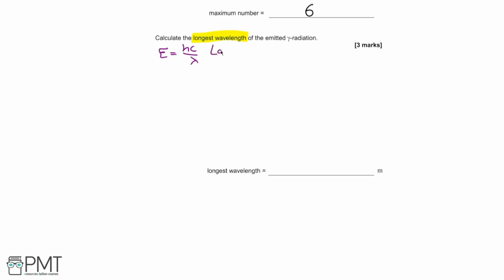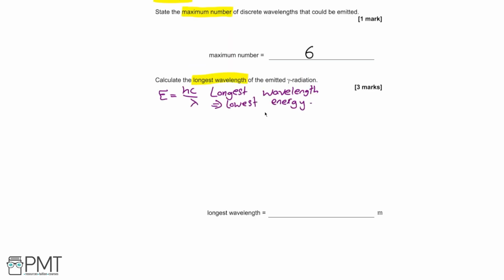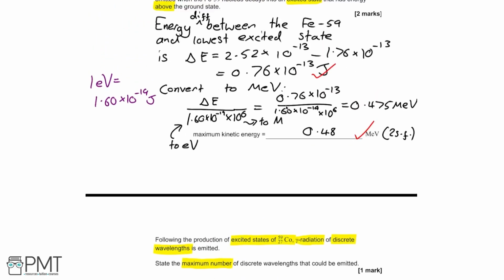So what this means is that the longest wavelength corresponds to the lowest energy, since when the energy is small, it means that hc divided by lambda has to be small, which means that lambda has to be very big. Therefore, we should be looking for the smallest energy difference on our diagram above.